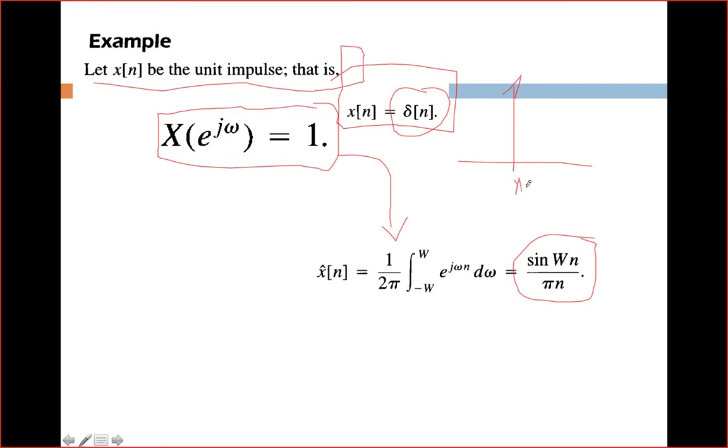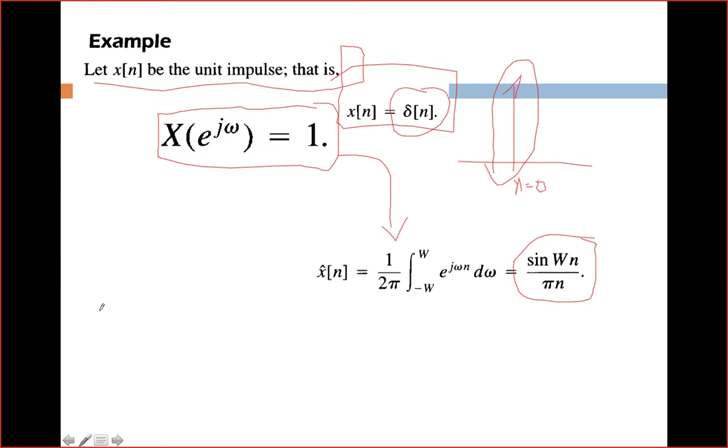And practically, this is actually theoretical. Practically speaking, it is very difficult to realize or generate this kind of signal, because it is very difficult to generate an impulse exactly at n is equal to 0, and we don't have any switch with such a narrow opening.